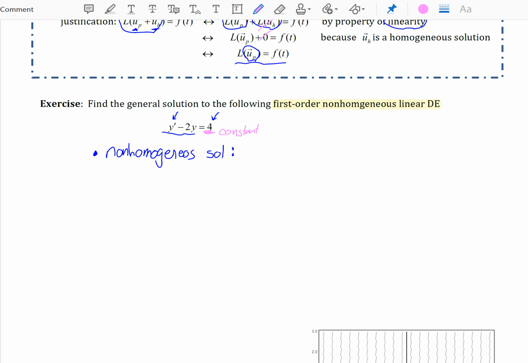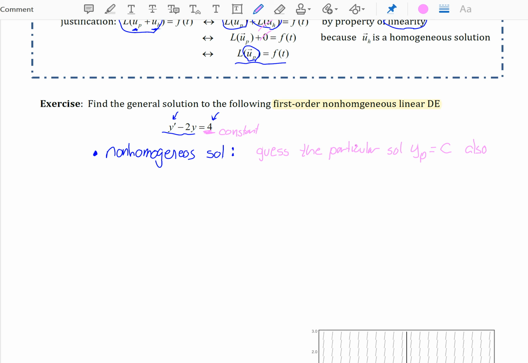Because the right-hand side is a constant, it makes me want to guess that the particular solution yp is probably going to be a constant also.